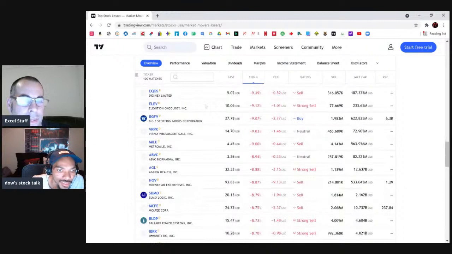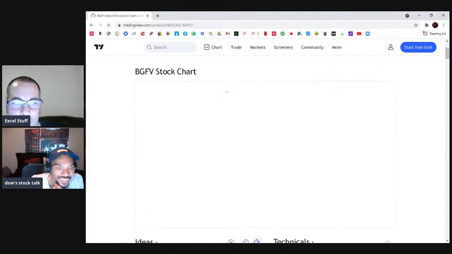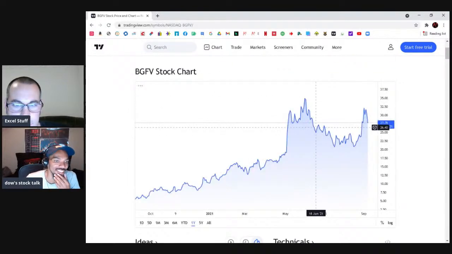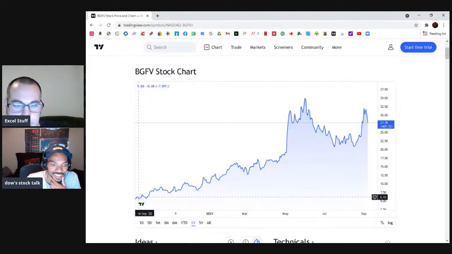Big Five. That went up a lot since COVID. It was really low when COVID hit. It was down to $5 or less.